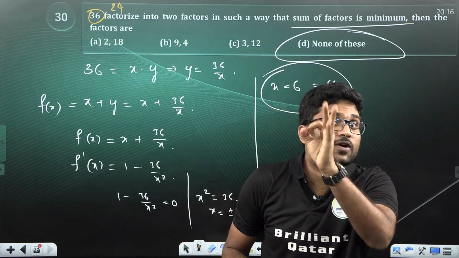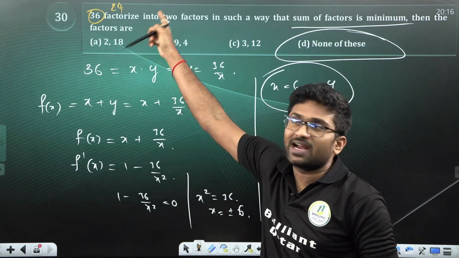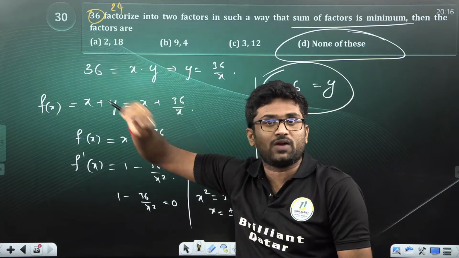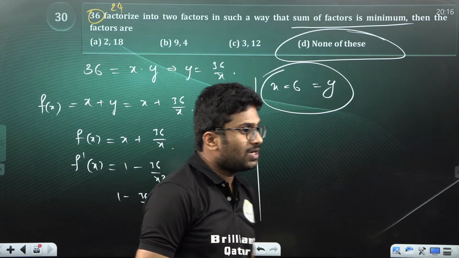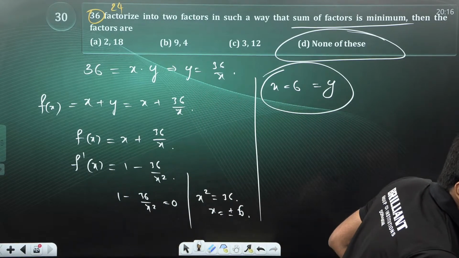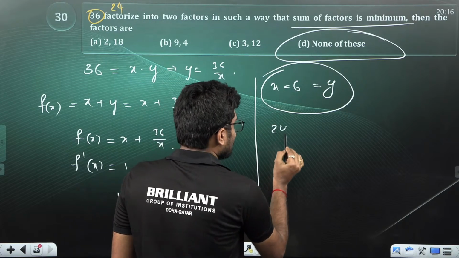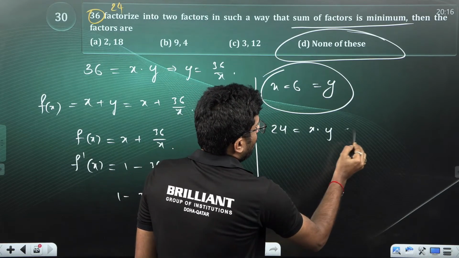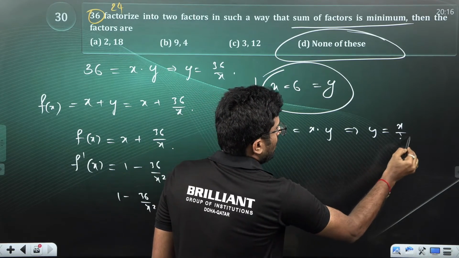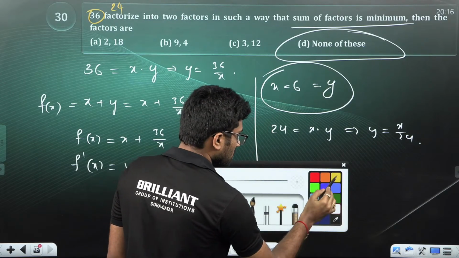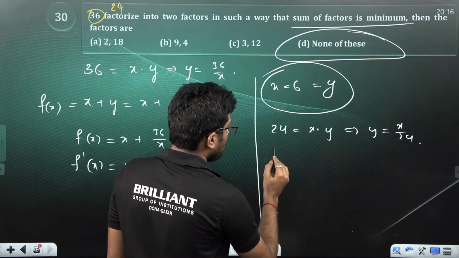If the given number is not a perfect square, we won't get equal numbers. Now, 24 can be written as x into y, where y is equal to 24 by x.